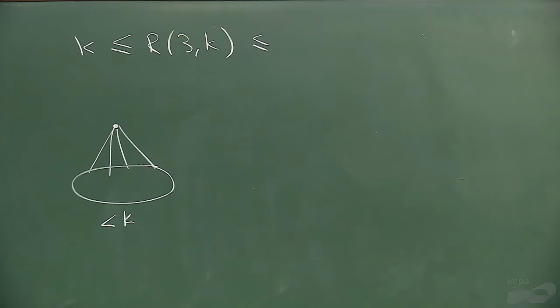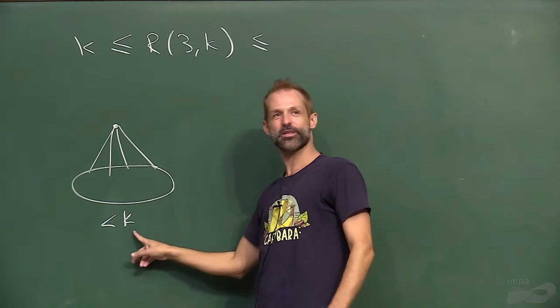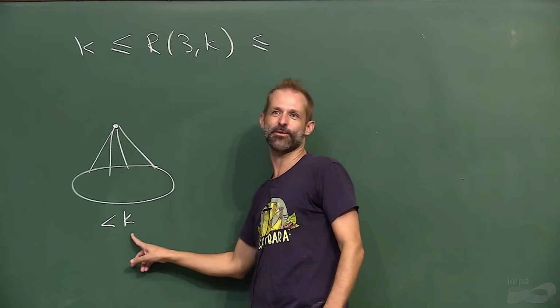So now, how large a blue clique can you find? What have we just proved about the red graph? We know it's triangle-free, but using that, this picture proves that every vertex has fewer than k neighbors.